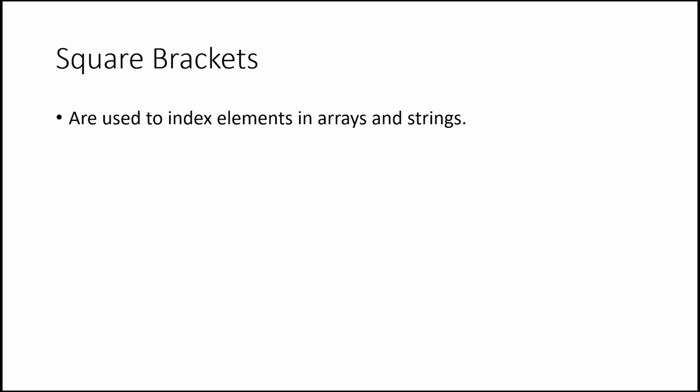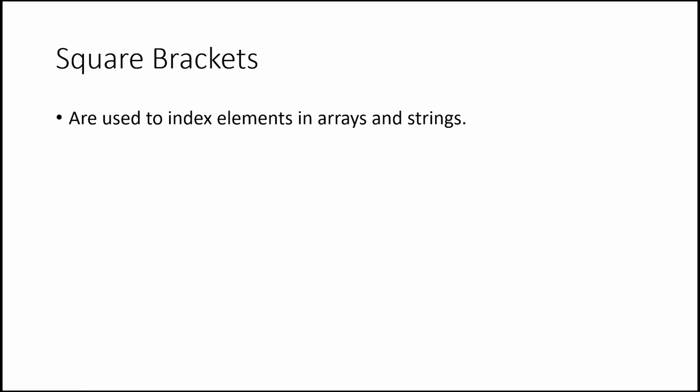Now, square brackets. Square brackets are used to index elements in arrays and strings. So you basically have the square brackets next to your P key. If you have a QWERTY keyboard, then on the right side of the top row, you will see two buttons before the backslash. That's what it says on my computer.